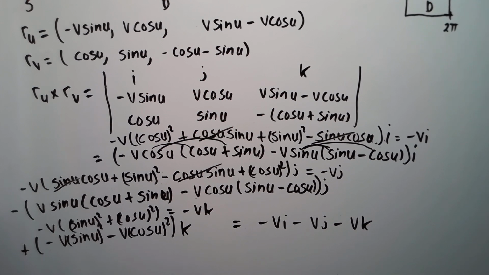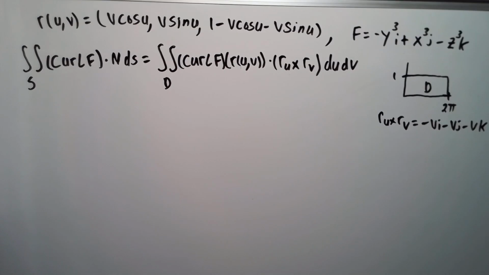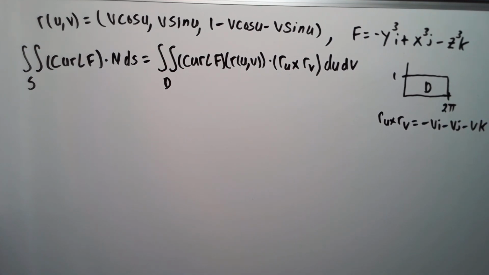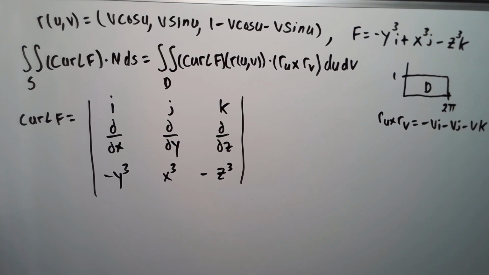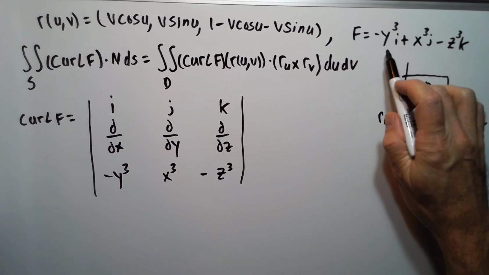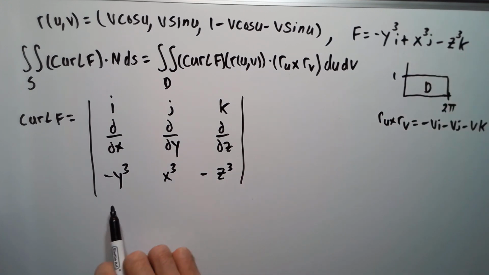So let me erase a few things here. So I have my ru cross rv in the corner over here. Okay, so now let's do the curl of F next. So here's our definition of curl. It is basically the del operator crossed with our F up here. So that's how I got the components down here.